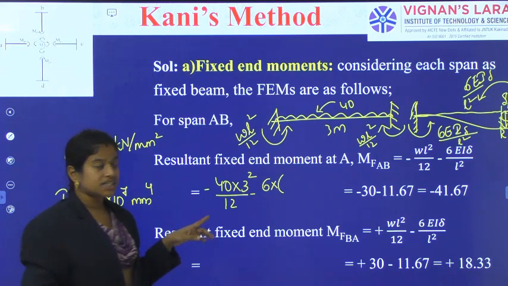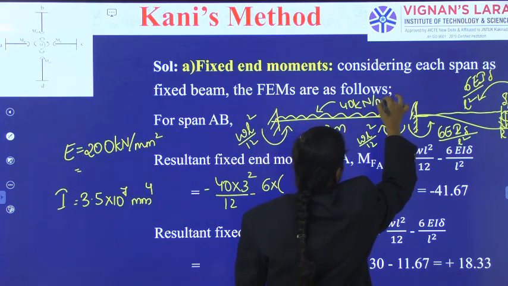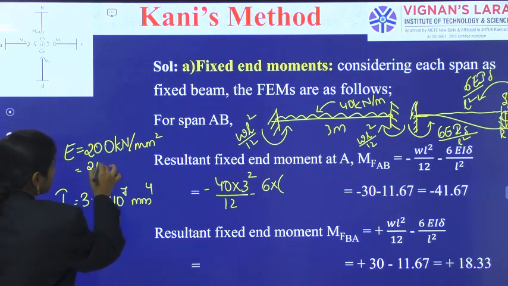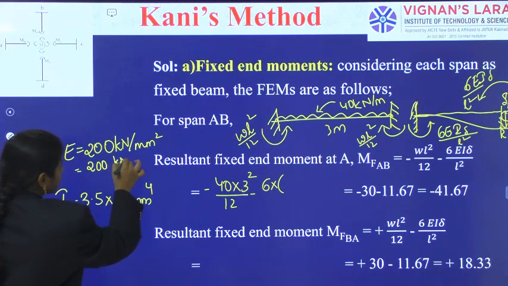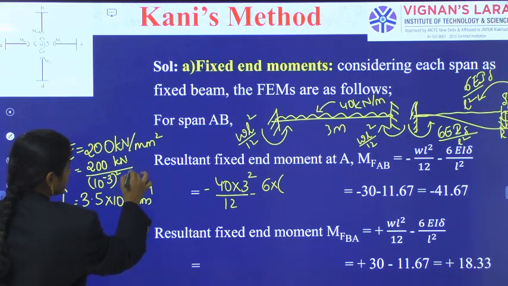As our units are in kilonewtons and meters, I am keeping it in meters only: 200 kilonewton by 10 power of minus 3 whole square meter square.